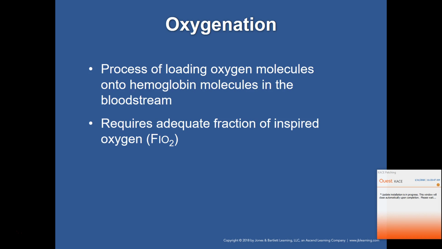So there's a lot of variables and factors that can affect oxygen moving into the bloodstream regardless of how much air is moving in and out of the lungs. We can move air in and out of the lungs, but that doesn't necessarily mean it's translating into oxygen moving onto the hemoglobin.